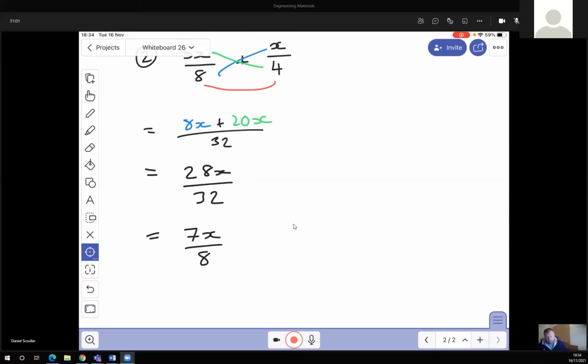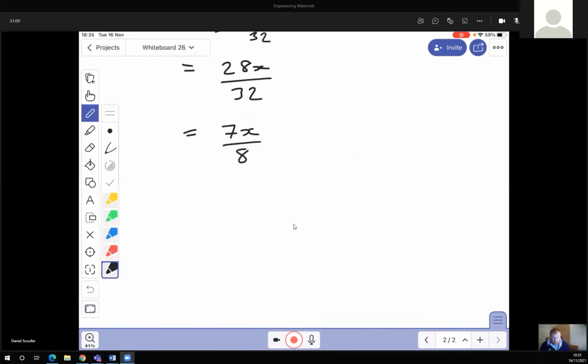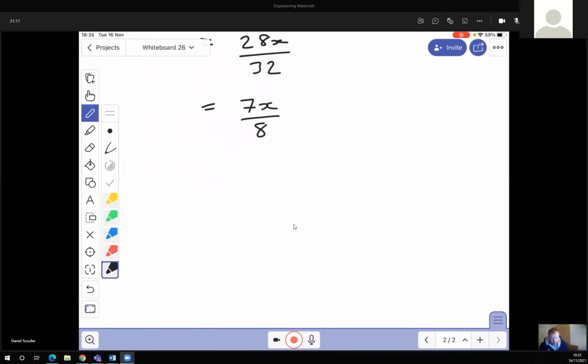Let's throw in one where we have to take out a common factor before we do it. So this is again going back to last week and what we were looking at. So if we had 5 over 4m plus 3 over 2n, follow the same process.